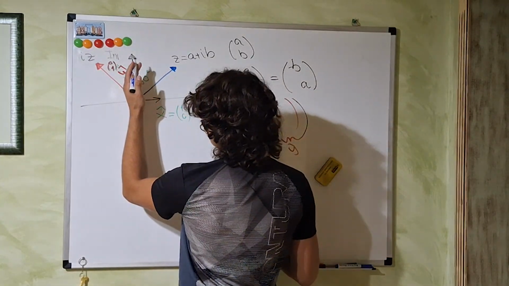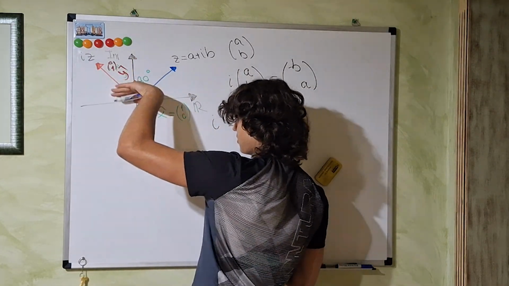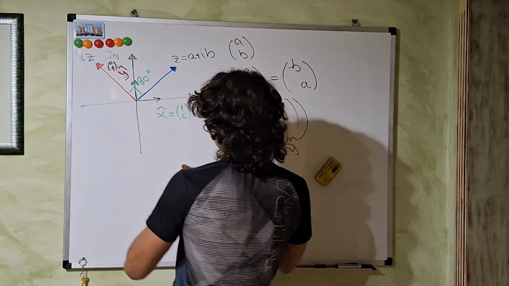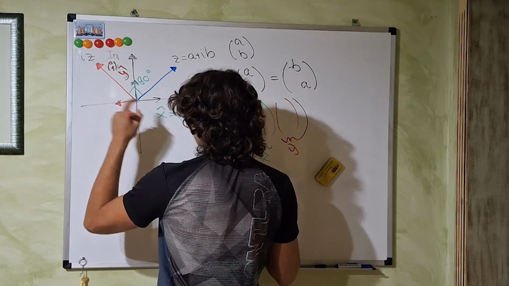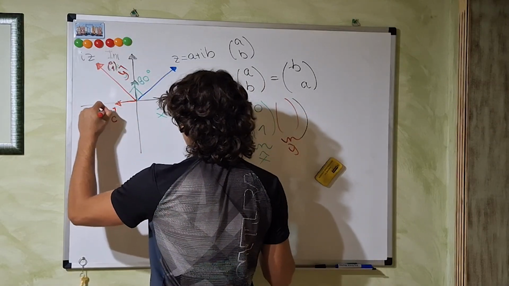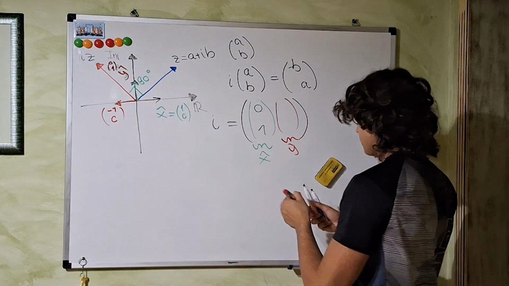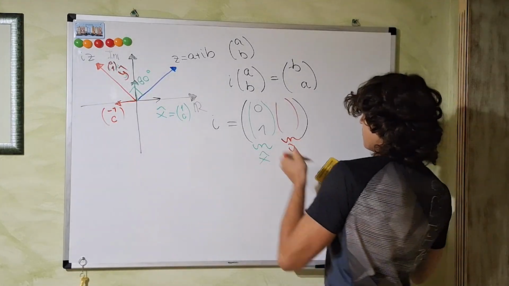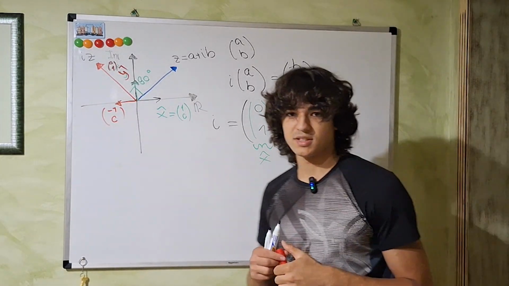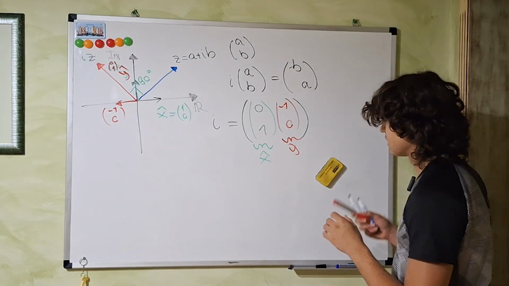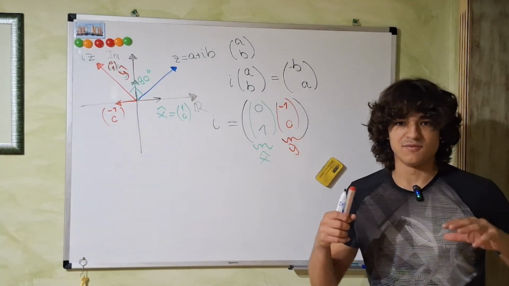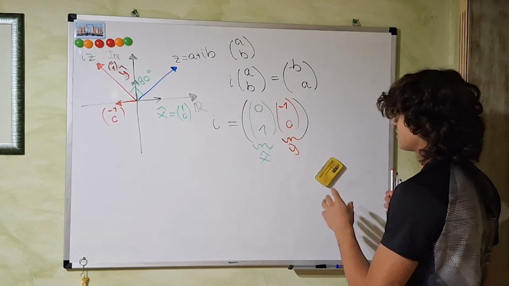Instead, the y vector, if we rotate it by 90 degrees, becomes a vector with coordinates -1, 0. So we can write it here: -1, 0. So this matrix rotates vectors by 90 degrees. And this is in fact i in this view of complex numbers.